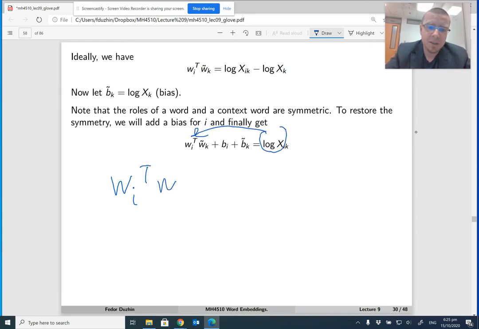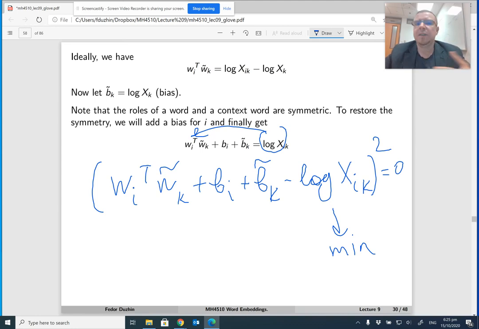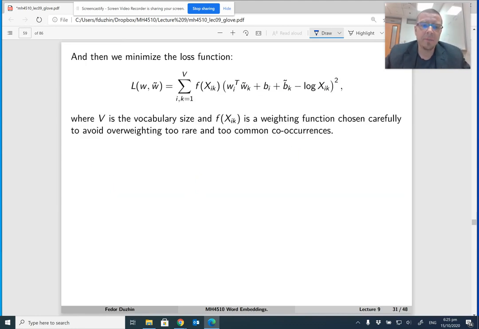So w_i transposed w̃_k plus b_i plus b̃_k minus log of x_ik should be equal to 0. But then we are going to square this, because something equals 0 if and only if its square equals 0, and then we're going to minimize it instead. And this is basically how we train GloVe. So we're going to minimize this loss function.